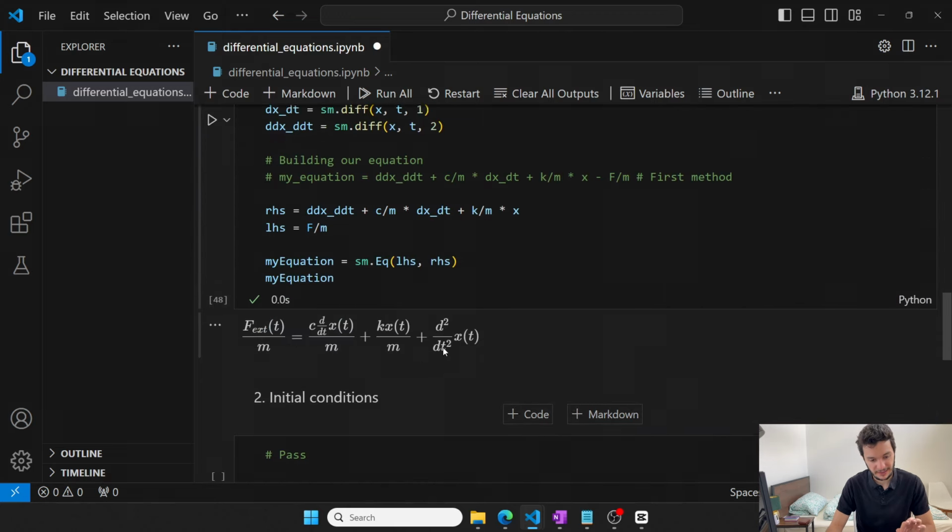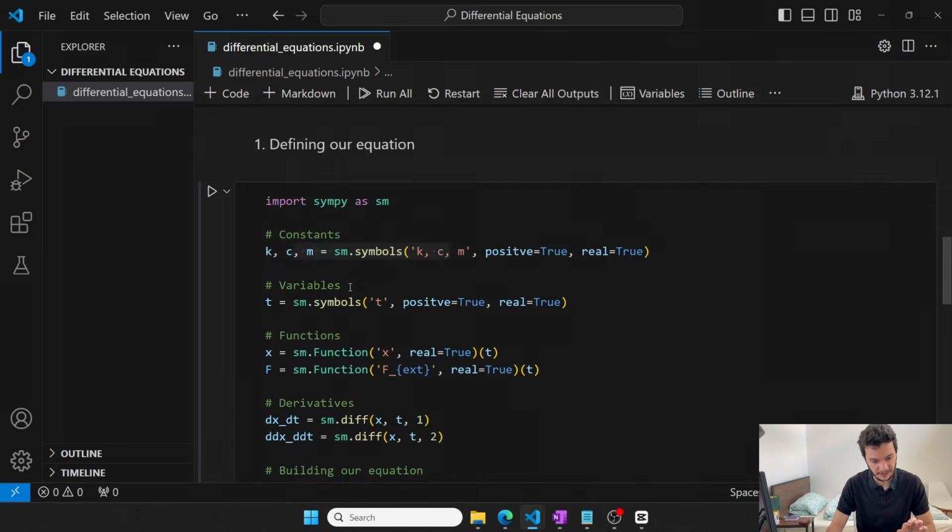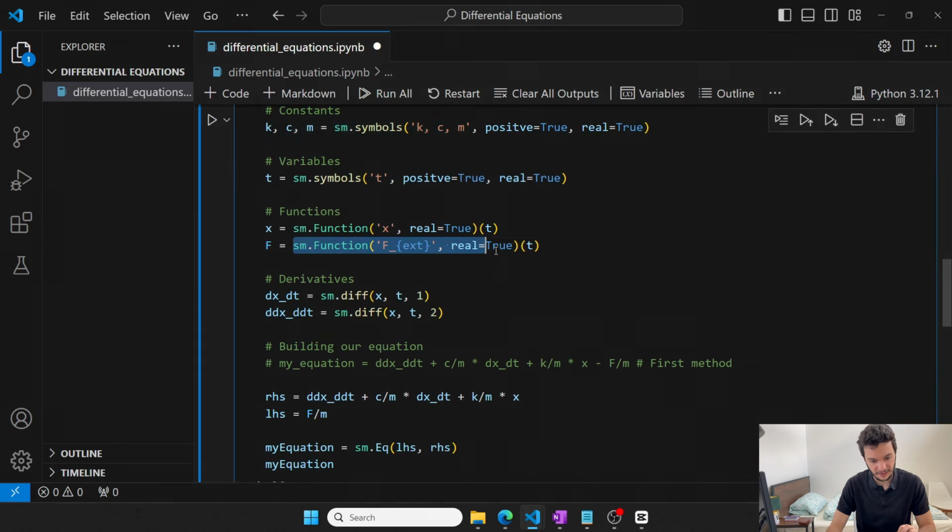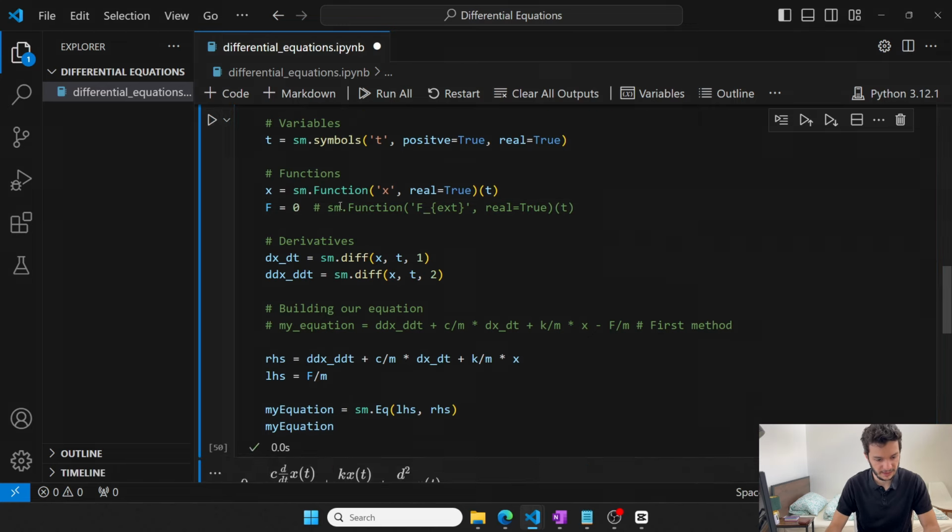For the sake of simplicity, instead of having a random function f of t, let's say I specify, for example, sine of t, or let me set it to 0 for now. This is the most simple function. Let me run this again.